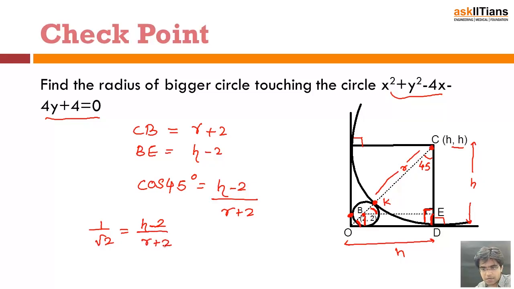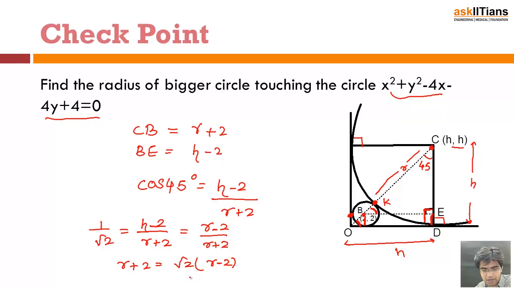We are interested in finding out what this R is. But R is equal to H because this CD length is also the radius. So I can write it as R minus 2 divided by R plus 2. If I simplify, then I get R plus 2 is equal to root 2 times R minus 2.